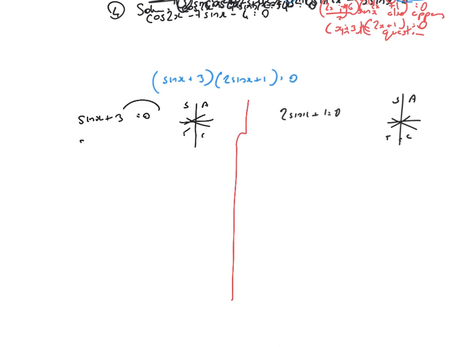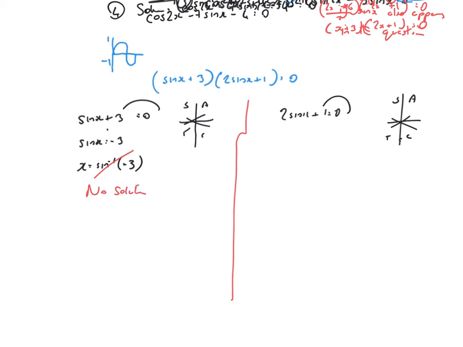Over here, sin x equals minus 3, x equals sin inverse minus 3. With or without a calculator, it will tell you it's a maths error, but even without a calculator we should know that the sine curve does not go down to minus 3, it goes between 1 and minus 1. So at that point, let's score that out and say no solutions.